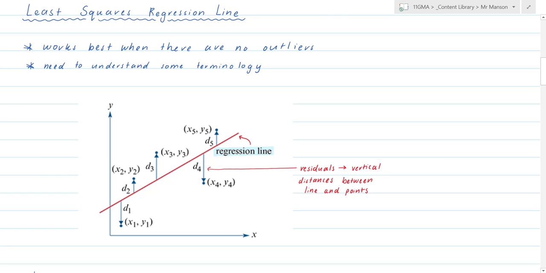A linear regression determines the straight line such that it minimizes these d value lengths. The d values are your vertical distance from each data point to the line. If I took this line and moved it up a little bit, the line would get closer to D2 and D3, and maybe even a little bit closer to D5, but it would move further away from D1.